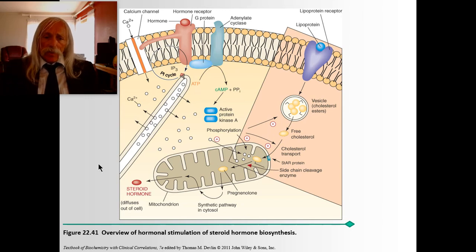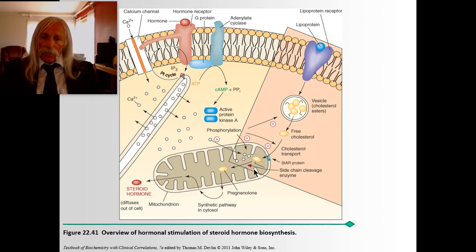And ultimately, the biosynthetic pathway in the mitochondria is what is used to synthesize the steroid hormone. Right? And then it's sent into the cytoplasm, and they can diffuse ultimately or bind to a protein. Right? So you need free cholesterol, you need cholesterol transport, and all these numbers here and pathways are showing you where there's potential corruptions in the pathway.